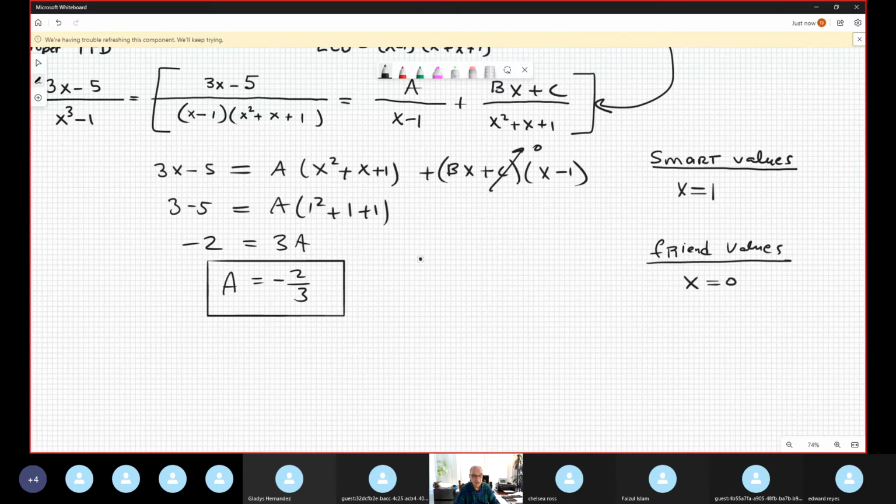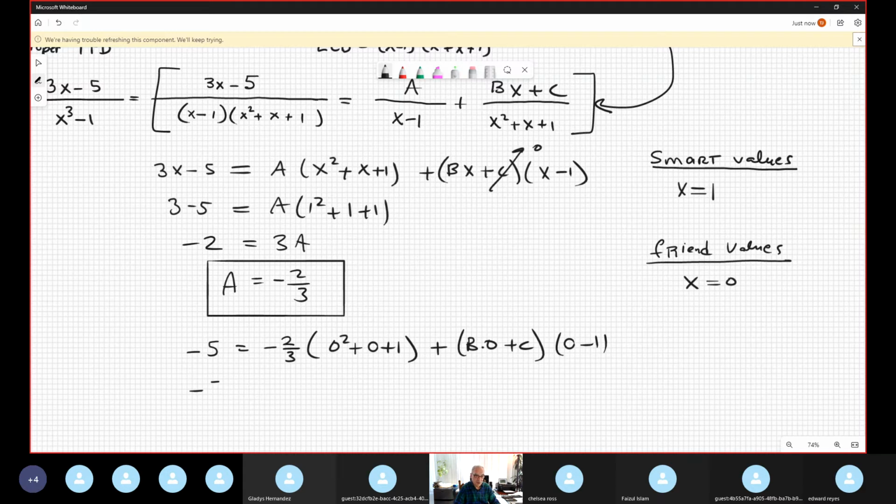We have negative 5, no? Because you plug in 0 here. 3 times 0 is 0, negative 5. Equal A, but I know very well that A is minus 2/3. I take advantage of this moment. And we have 0 squared plus 0 plus 1 plus b times 0 plus c, and 0 minus 1.